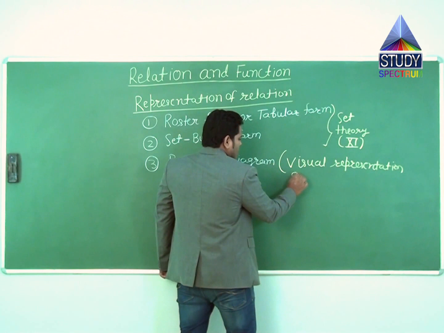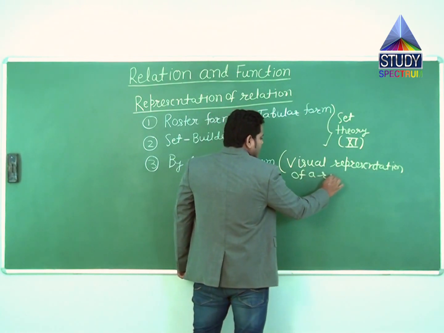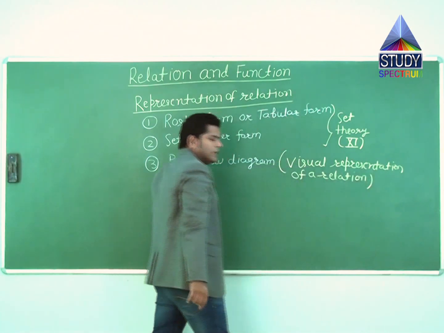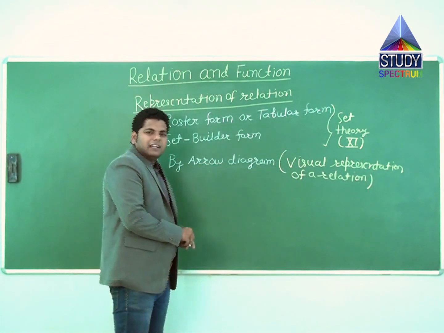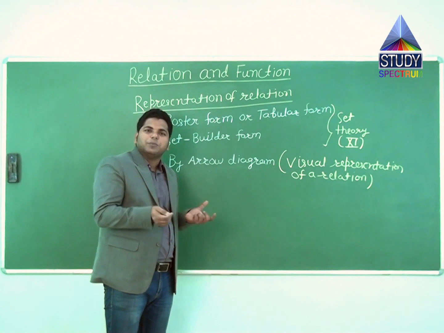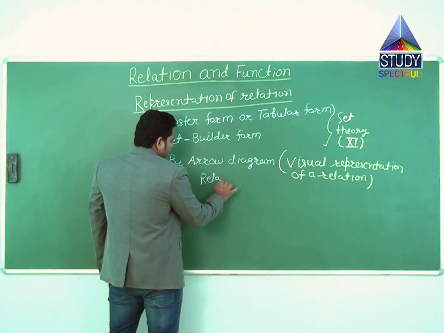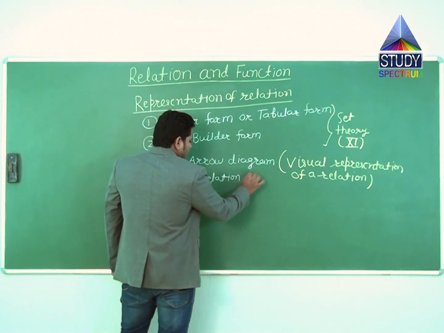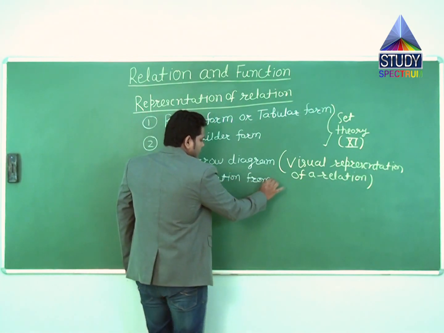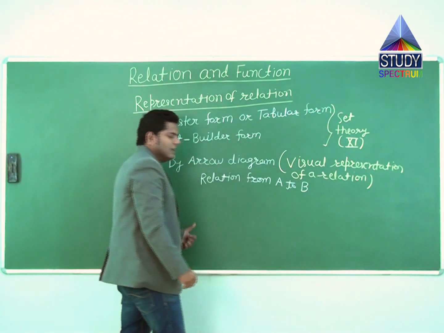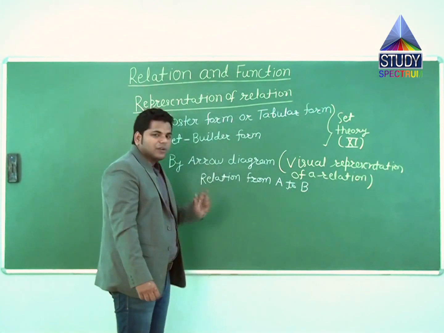Suppose we are discussing a relation from set A to B, and we are representing that relation by an arrow diagram.